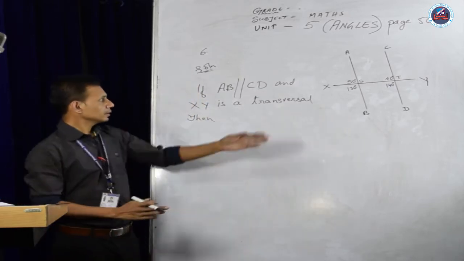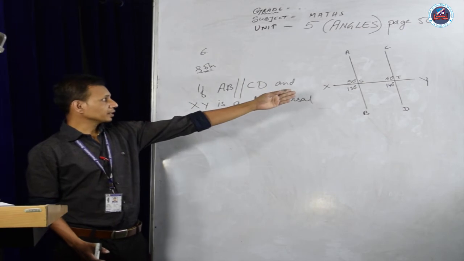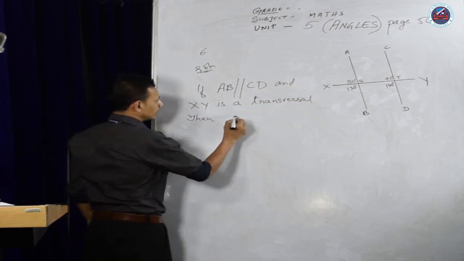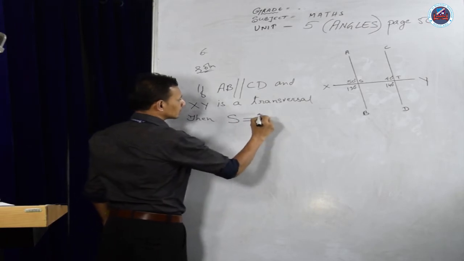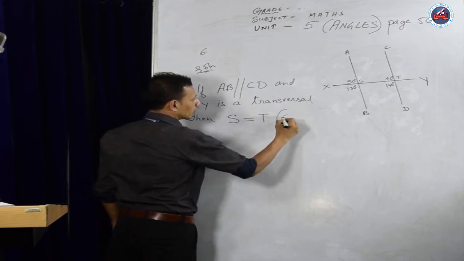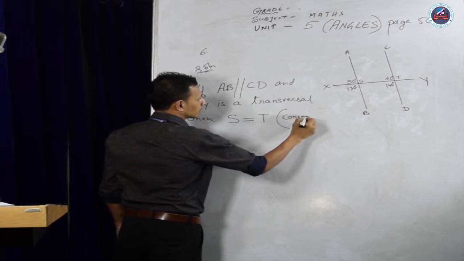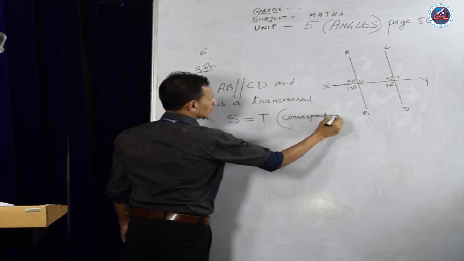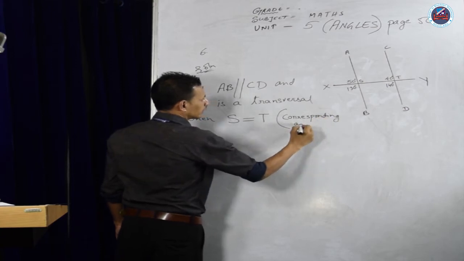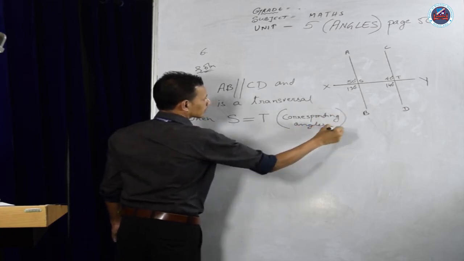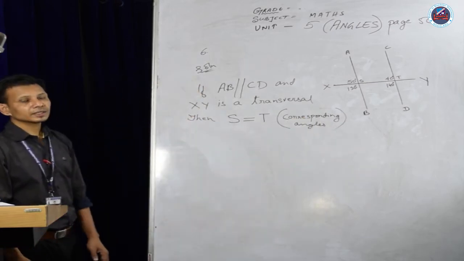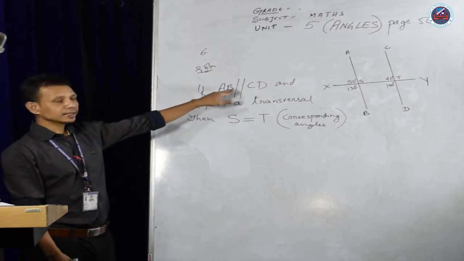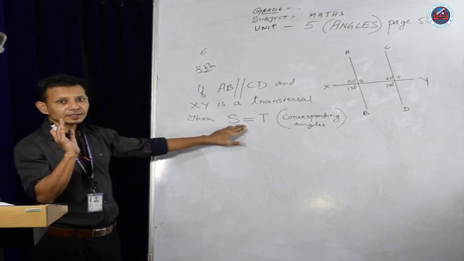Well, when you have a look here, you see that S and T are, then S is equal to T by corresponding angles, not alternate, corresponding. It's under the F shape. Okay? So you know that if AB and CD are parallel, these two must be the same.